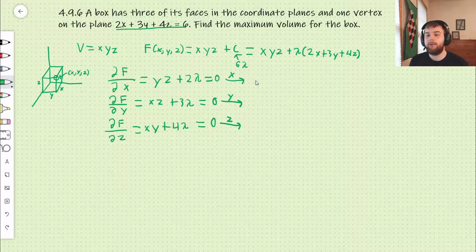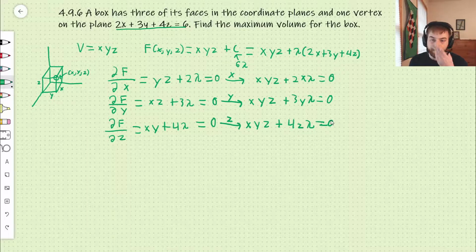So this ends up x, y, z plus 2x lambda equals 0. This is x, y, z plus 3y lambda equals 0. This is x, y, z plus 4z lambda equals 0.